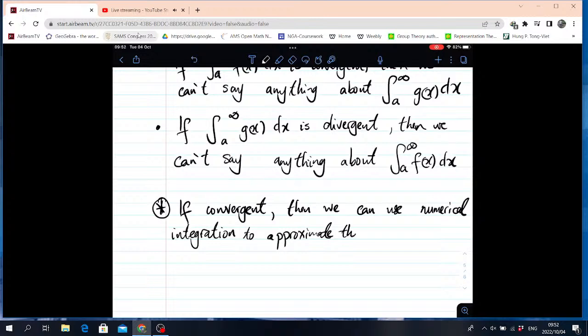So this one just tells us whether it's convergent, and then we can use other ideas to determine an approximation of the integral. And if it's divergent, there is no need to find the integral, because we know that the integral either is infinity or doesn't exist. So there is no need to proceed after that, right?